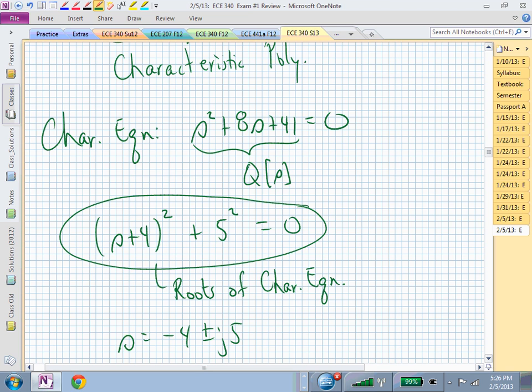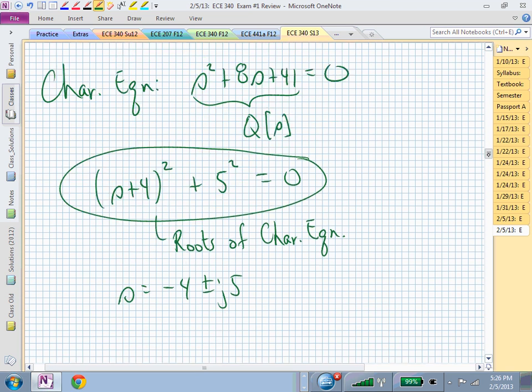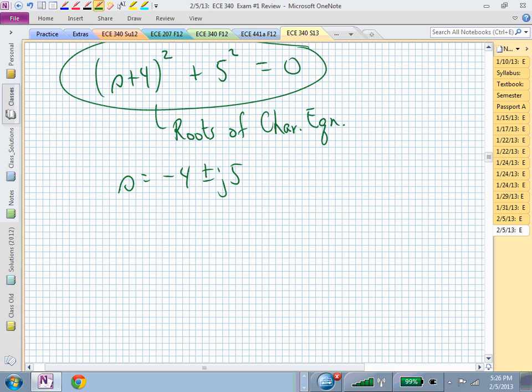Now that you know that, you can tell others what the structure of the impulse response is, or the structure of the zero input response.